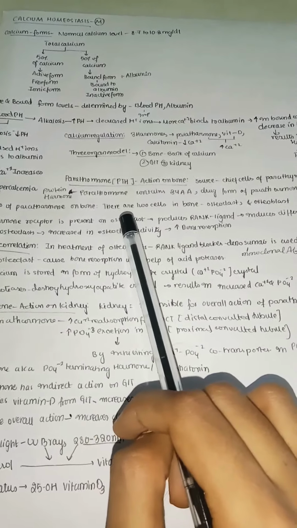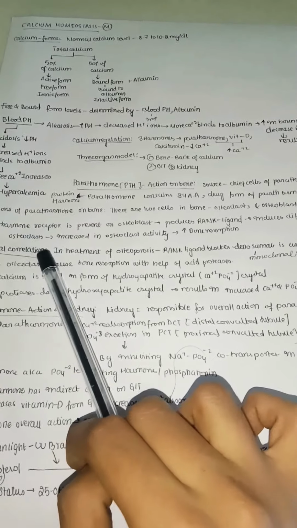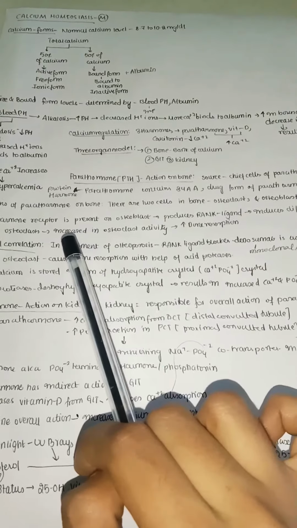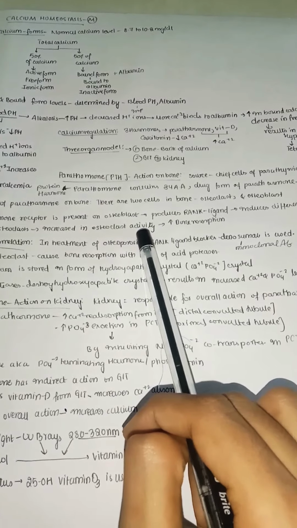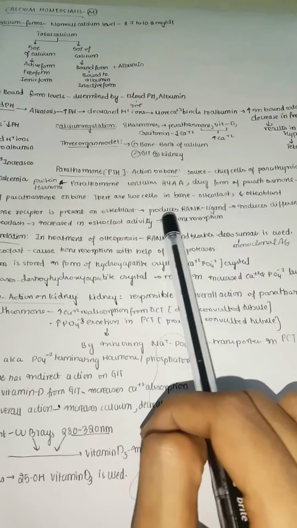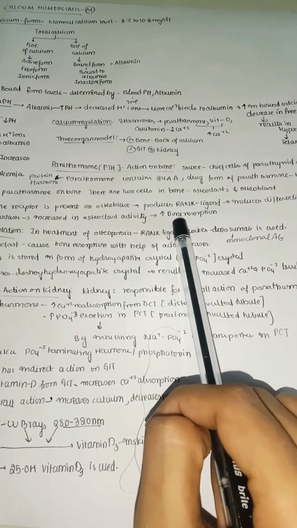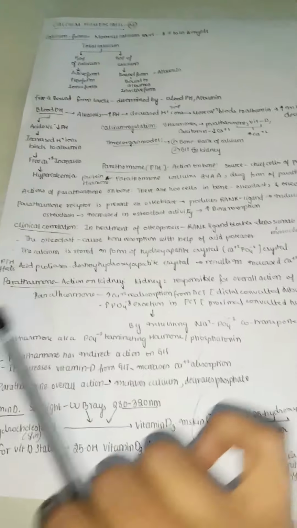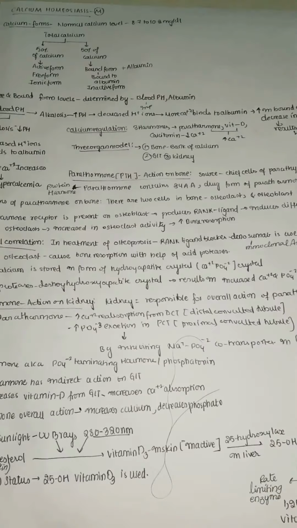So osteoblast has an indirect effect on osteoclast by means of this mediator, the RANK ligand. This increases osteoclastic activity, so there is increased bone resorption, that is, a lot of bone is destroyed, so a lot of calcium and phosphate come into the blood circulation. So whenever there is parathyroid hormone, you can see hypercalcemia in the blood vessel.